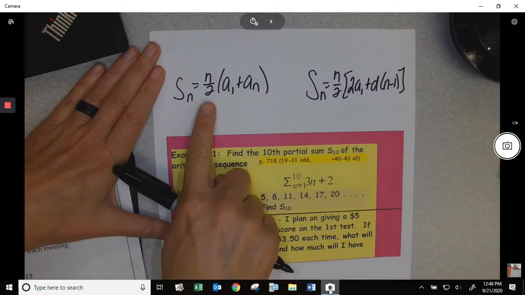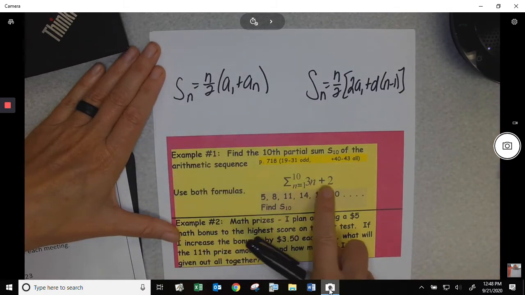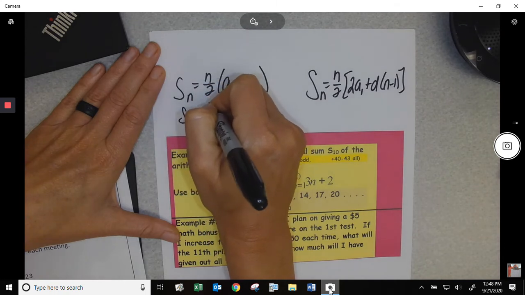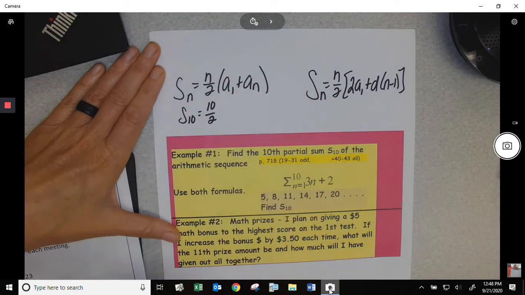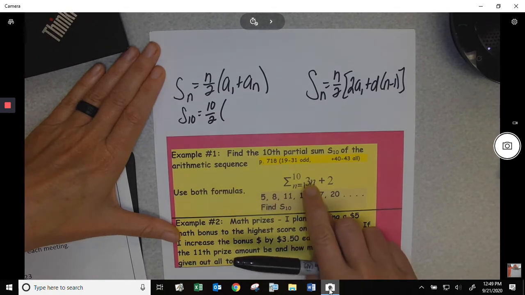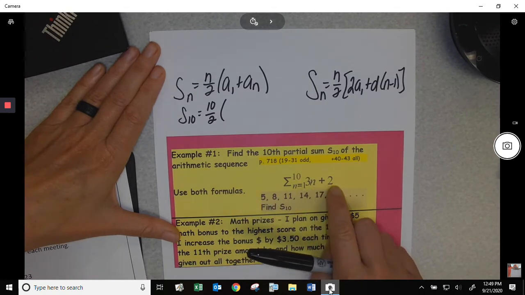Okay, so this guy right here, I'm adding 10 numbers up. 10 over 2, so plug 10 in for n. My first term, well, I see it's a 5 here, or I could plug it in. 3 times 1 is 3, 3 plus 2 is 5.